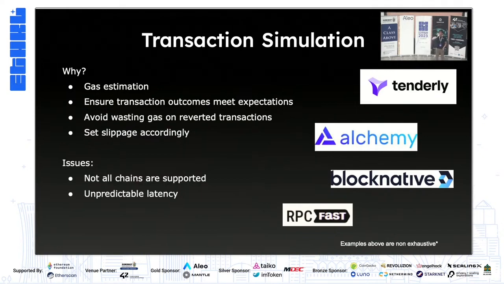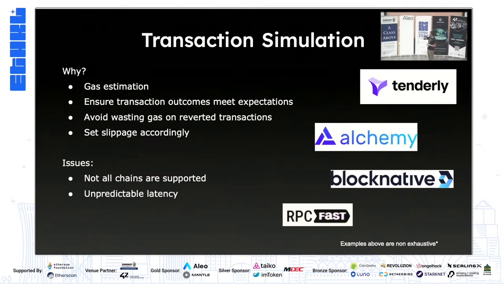What these services provide is that you can send an unsigned transaction to an endpoint that they provide, and then they will help you simulate your transaction against not only the latest block, but also against all the transactions pending in the mempool. As a result, you get much more accurate gas estimation.